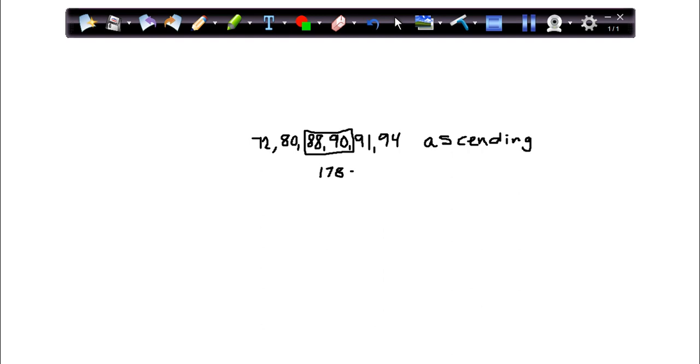Put this in your calculator as well. And it should give you 89. So your median with an even number, the way we just showed you, as illustrated in your book, is 89.